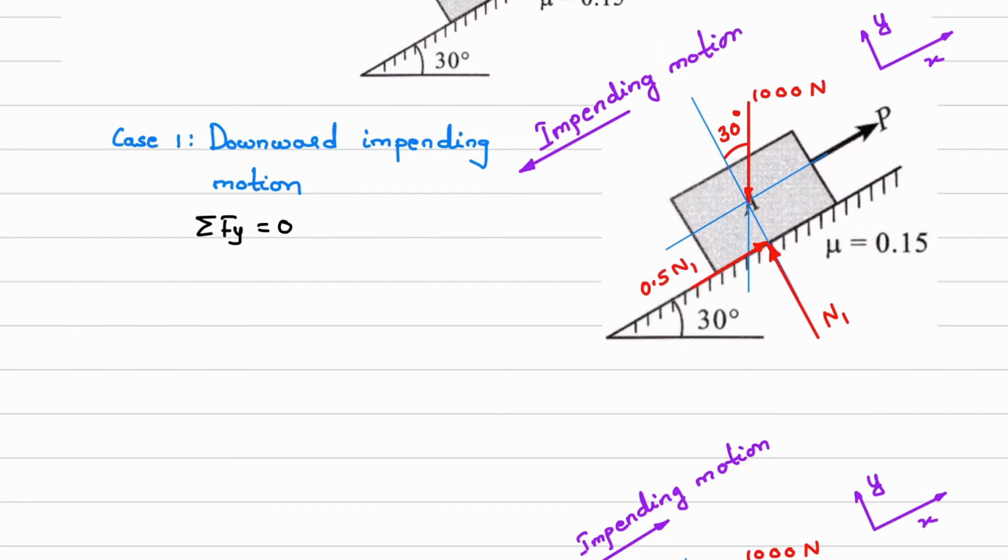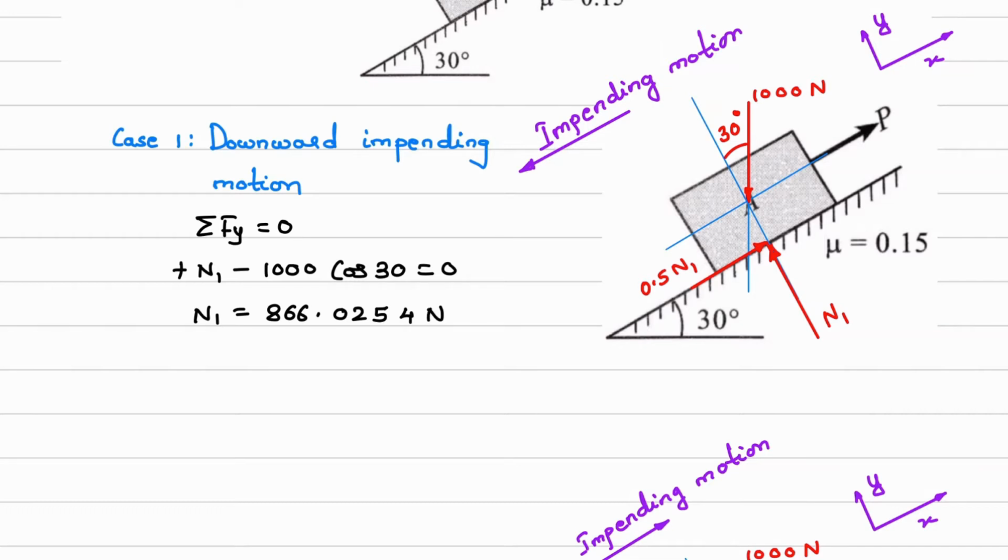So plus N1 minus 1000 cos 30 equal to 0. From here we can get the N1 value. N1 is equal to 866.0254 Newton.